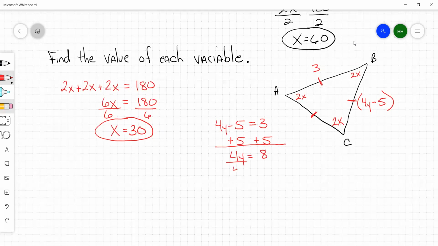Can divide both sides by 4. And y is equal to 2. So those are the values of each variable in that picture.